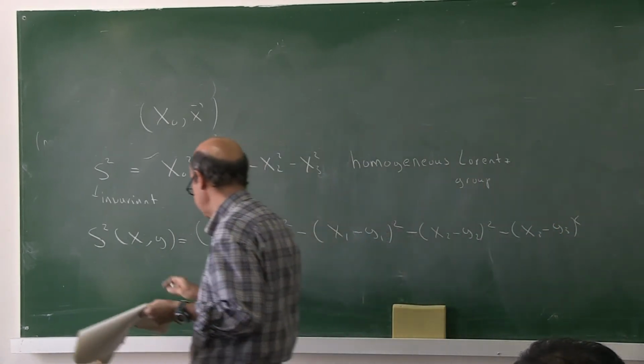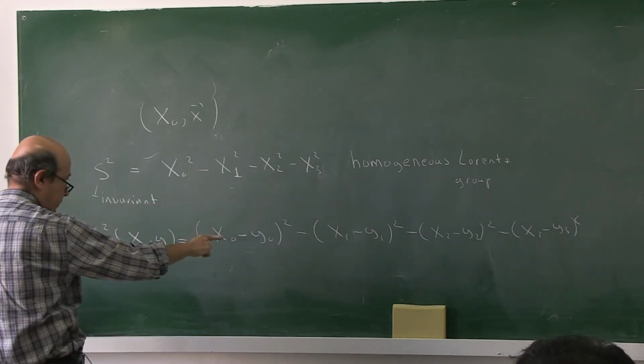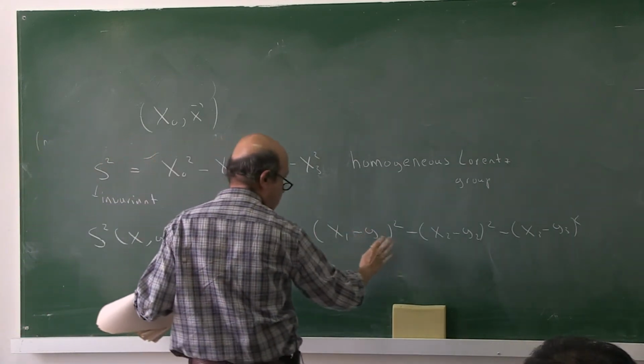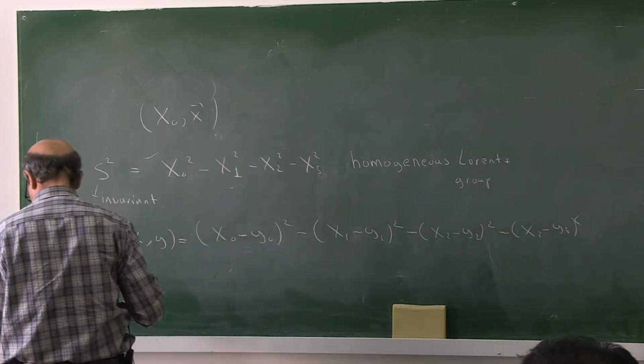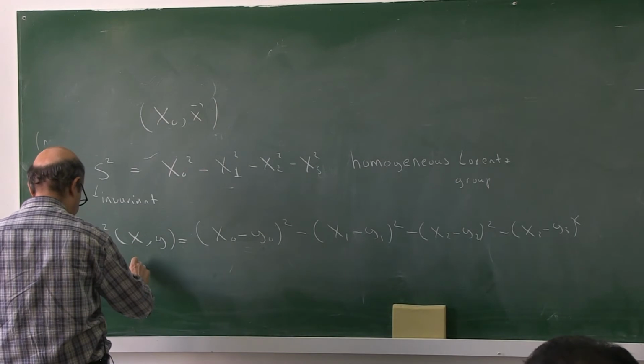So here you are looking at the differences. This is not 0. So that is called an inhomogeneous Lorentz or Poincare group.